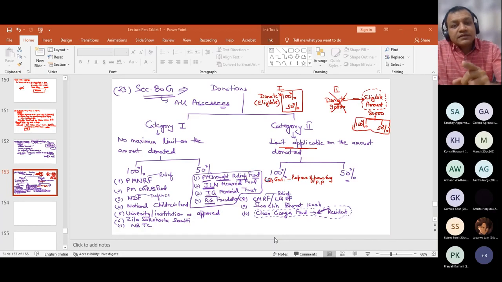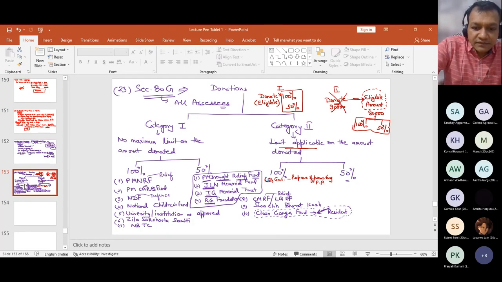And then you will see whether the donated amount is eligible or eligible amount itself is eligible. So if donated amount is more than the eligible amount in category 2, then eligible amount is the amount on which you will get the deduction. If donated amount is less than the eligible amount, then there is no problem. Then donated amount becomes the amount eligible for deduction.